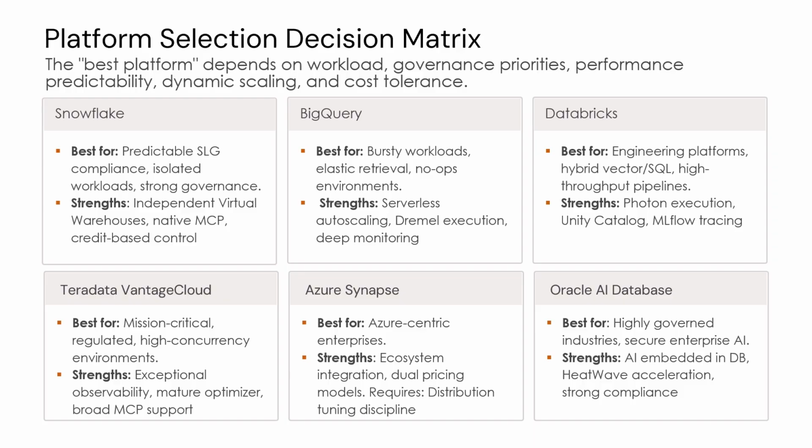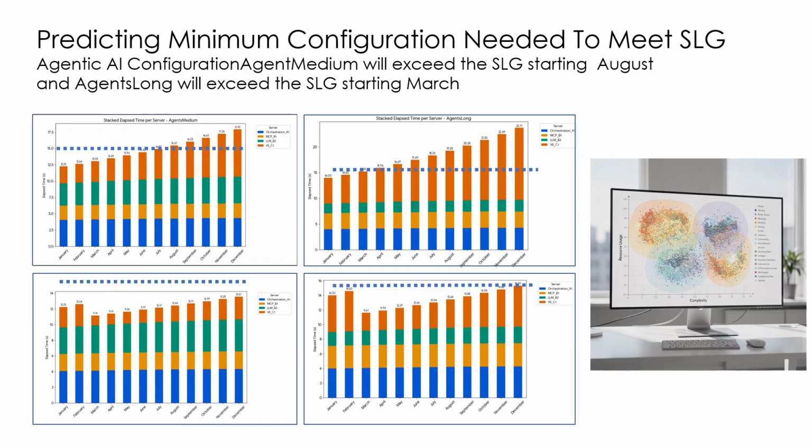That's a problem. On the bottom of the page, we're showing modeling results, determining the minimum configuration needed to meet service level goals till the end of the year. This example illustrates the value of proactive capacity management instead of reactive firefighting.